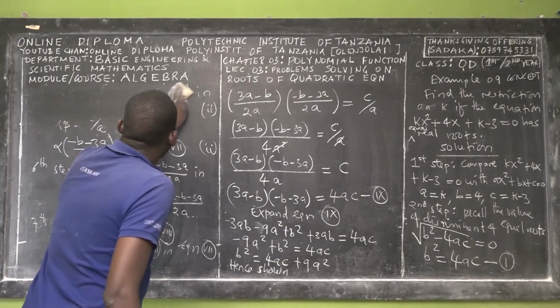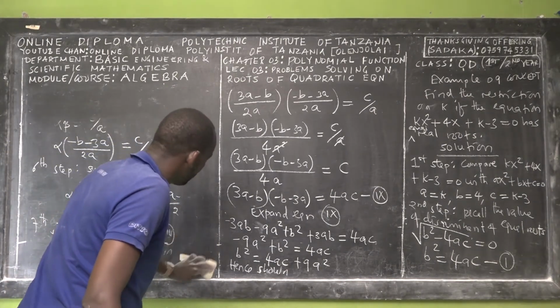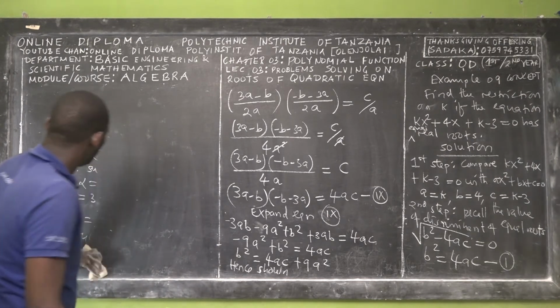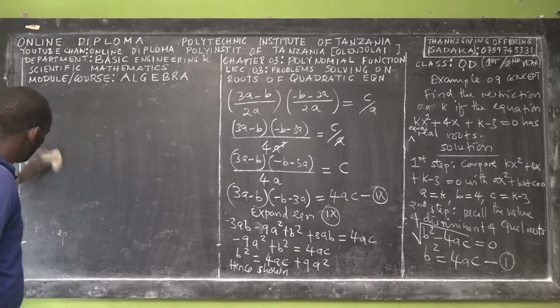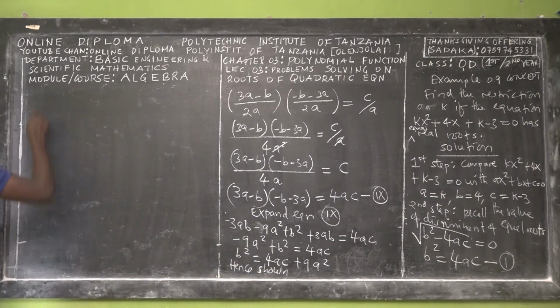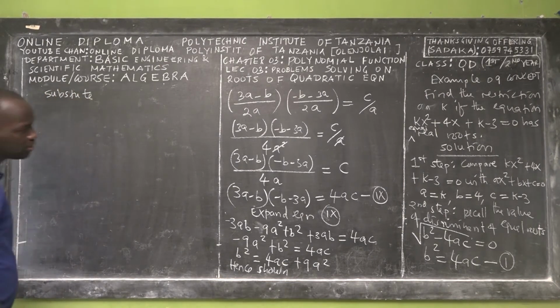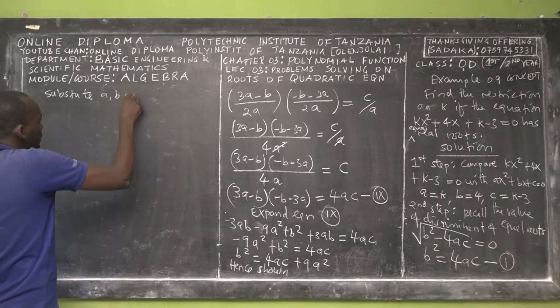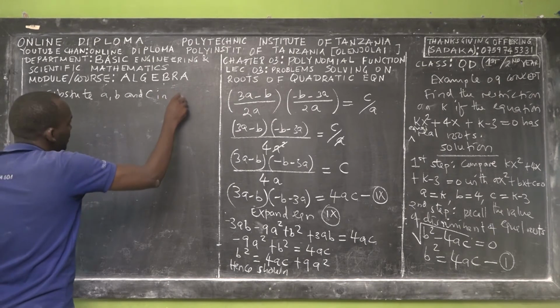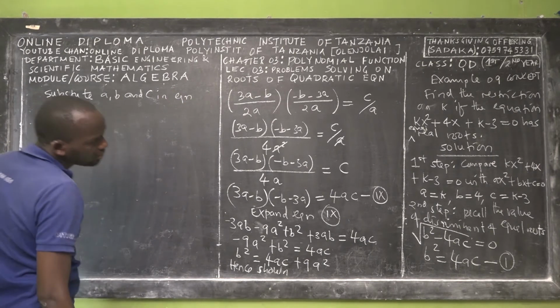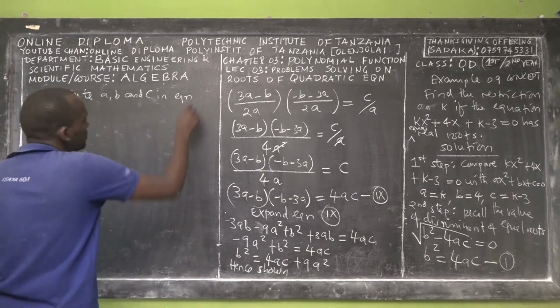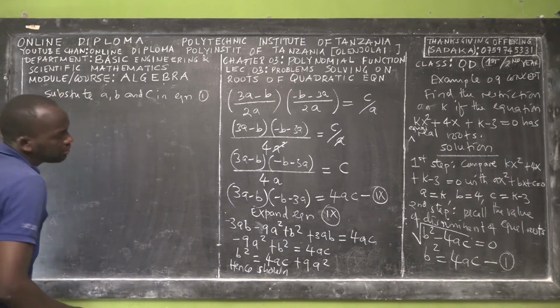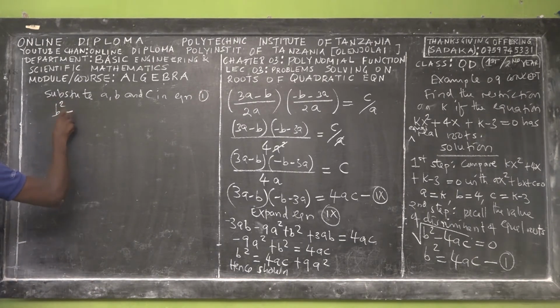To find the value of k, we substitute those coefficients, the values of a, b and c, into equation 1. So this is b squared is equal to 4ac.